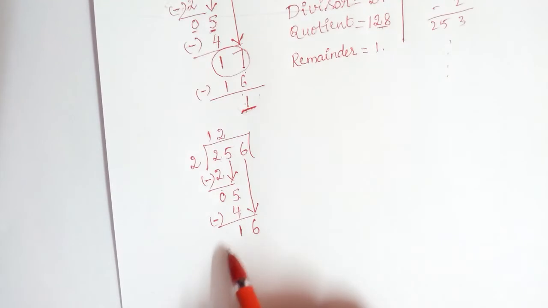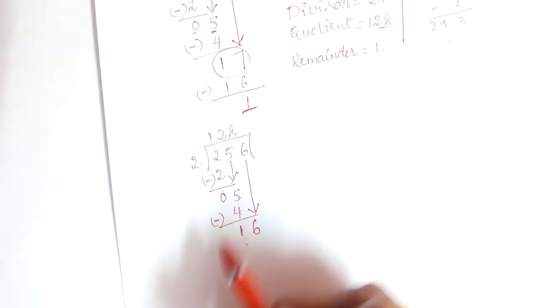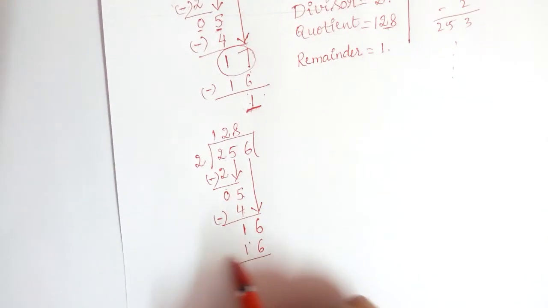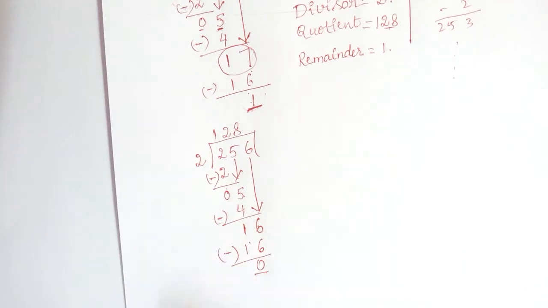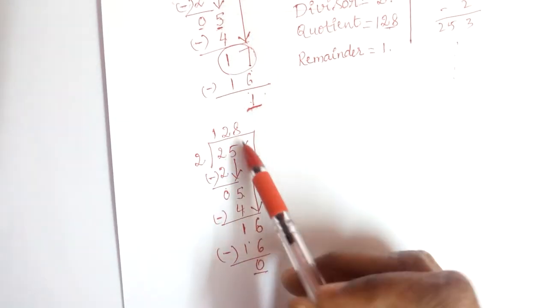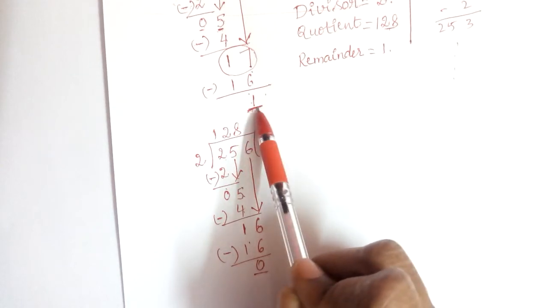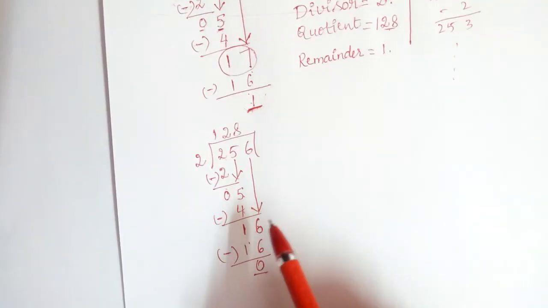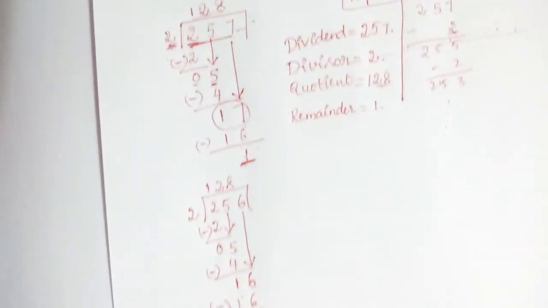So we have 16 and 2 8s are 16. 16 minus 16 is 0. See, so it is not compulsory that we should get this remainder. Okay, remember this.